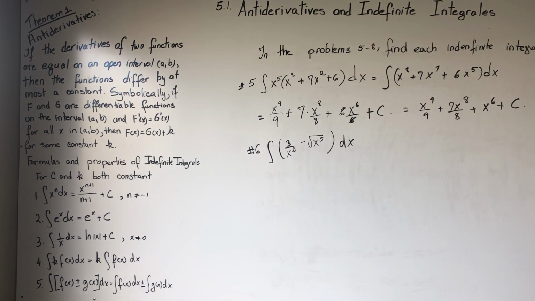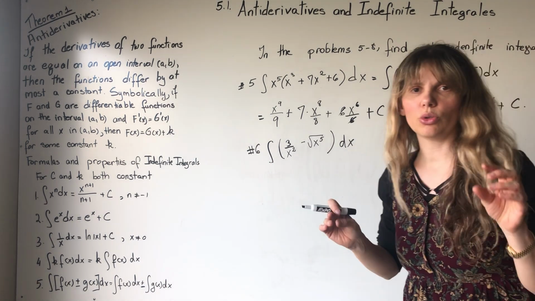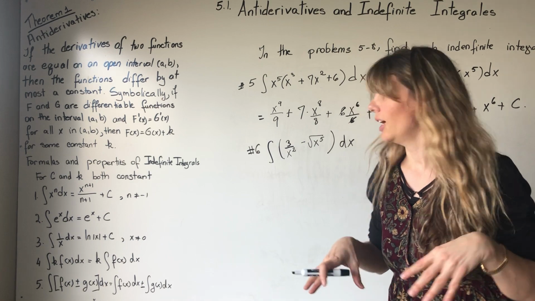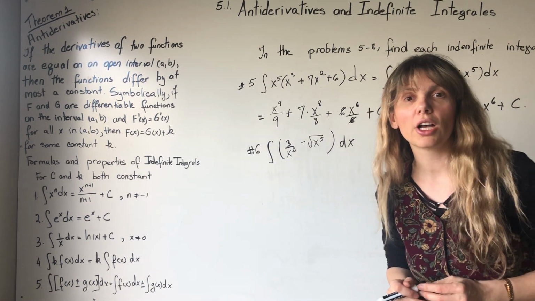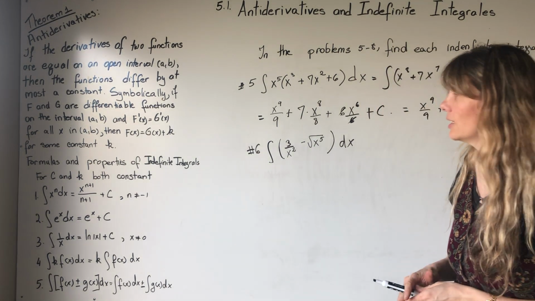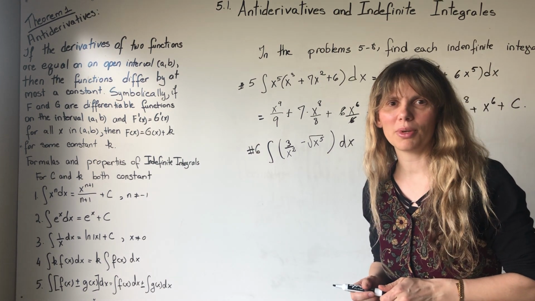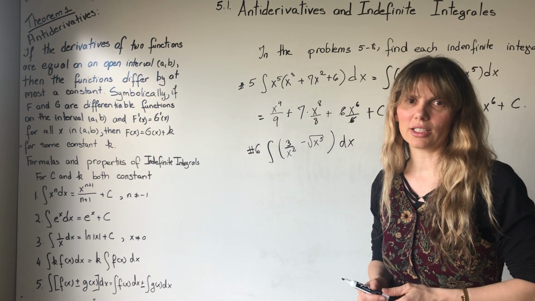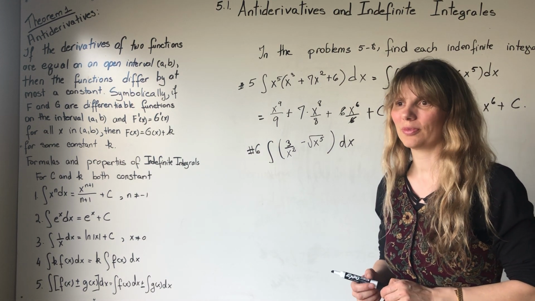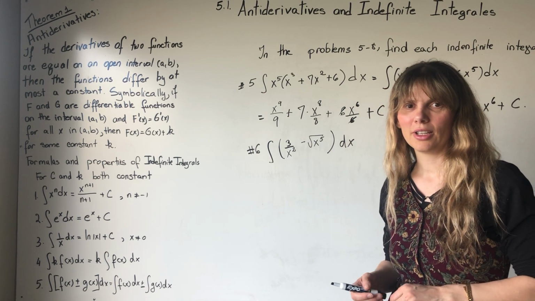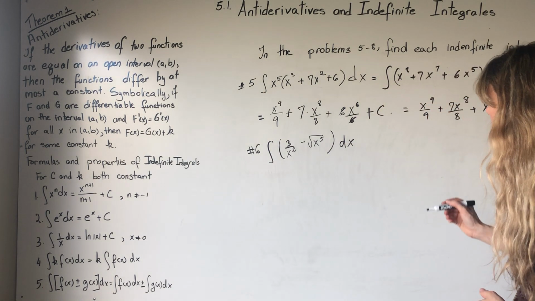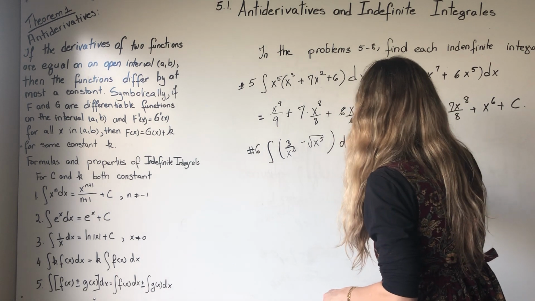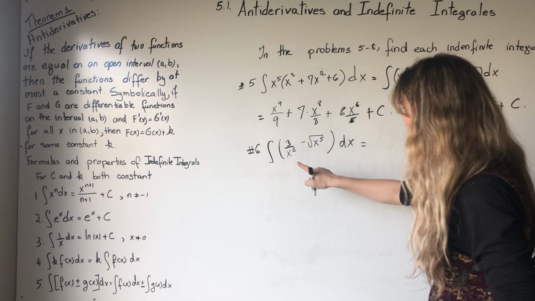And I highly recommend you to stop the video and try to do this by yourself, and after you have done it, then you can play the video again and see if we can get the same results. So go ahead. Okay then, welcome back. Let's see how we solve it, and let's see if we have the same result.